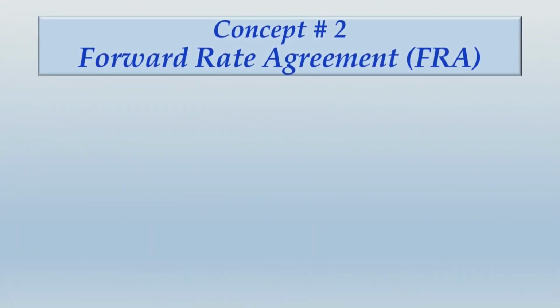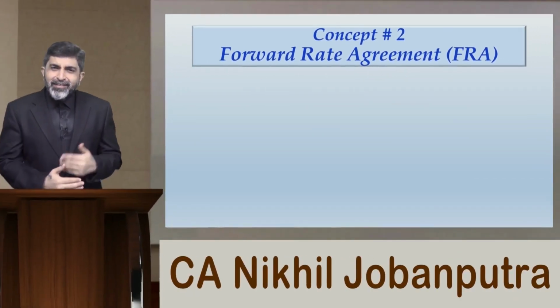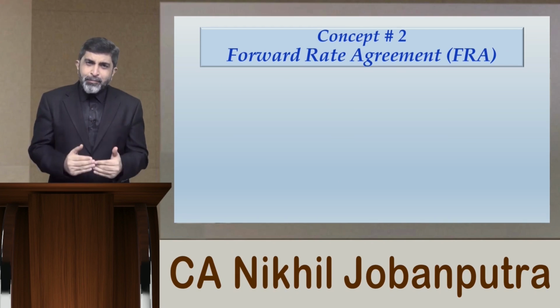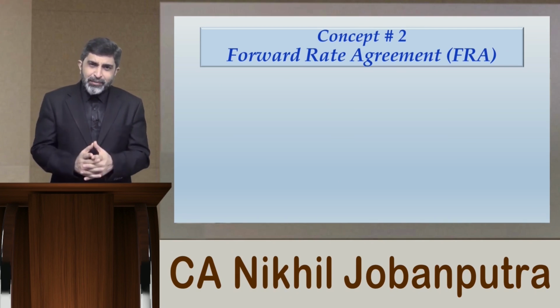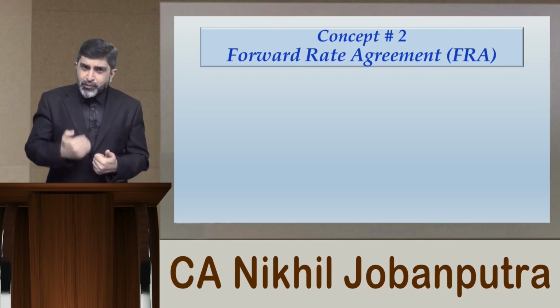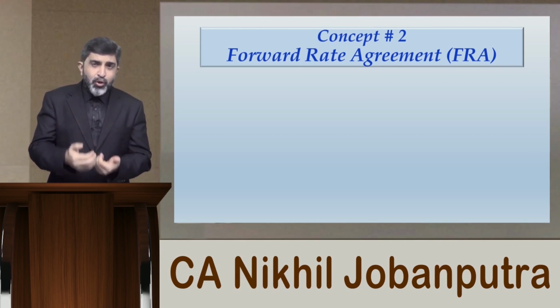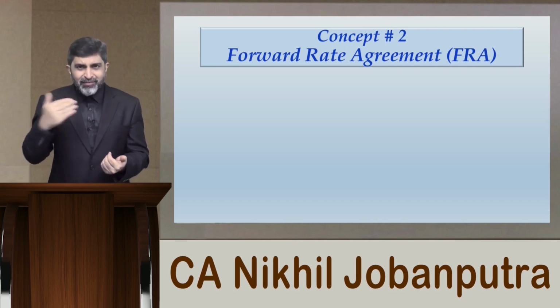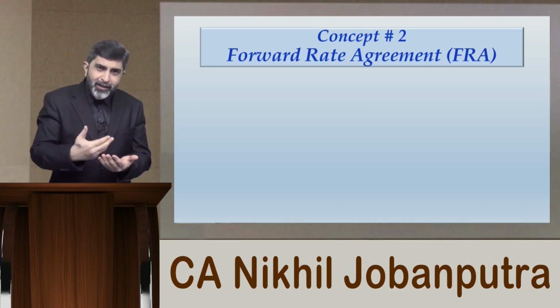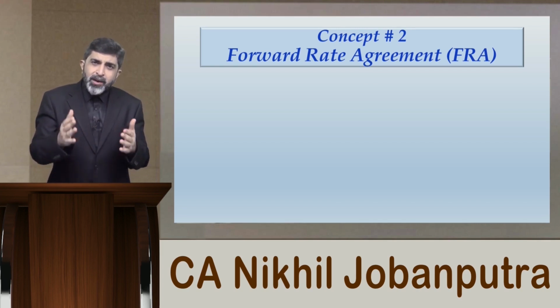Let us move ahead and now talk about concept number 2, that is forward rate agreement. So while getting started with the meaning of interest rate derivatives, I already gave you an example about forward rate agreement. Yes, some time back, the example that I gave you, that I wanted to borrow from a bank, not today but after 6 months, that kind of agreement if I am having with the bank, that kind of agreement is a forward rate agreement.